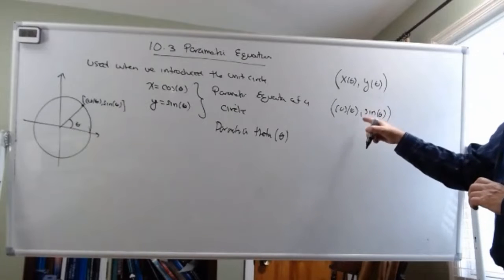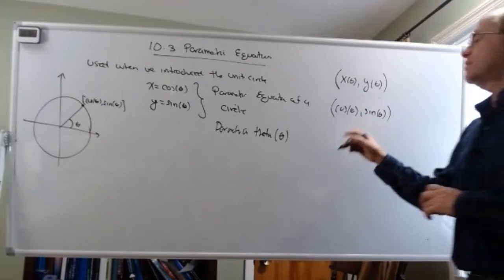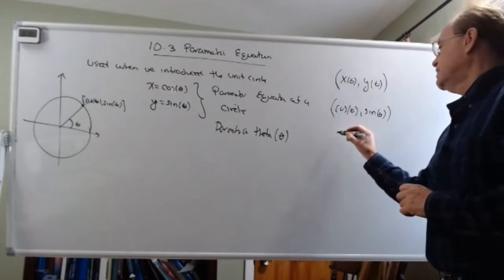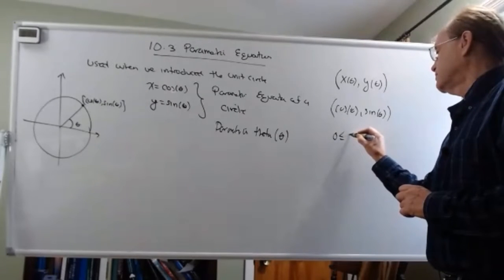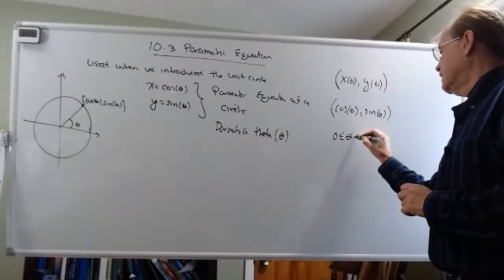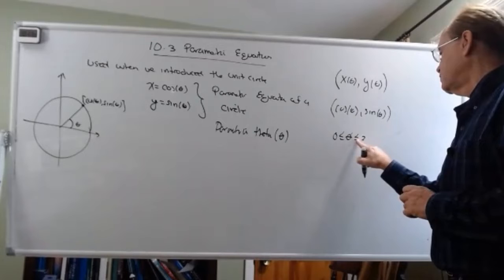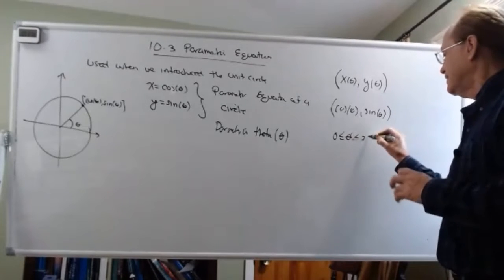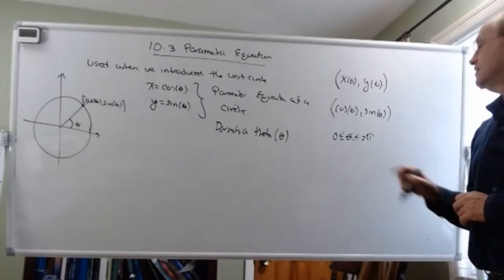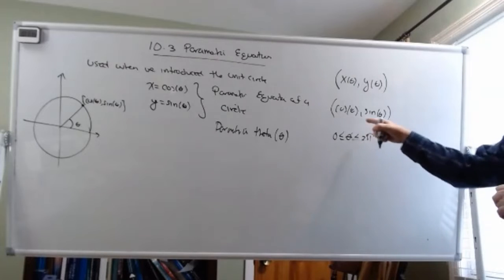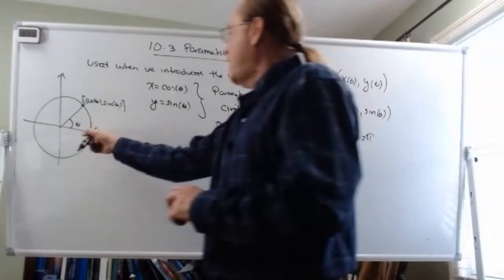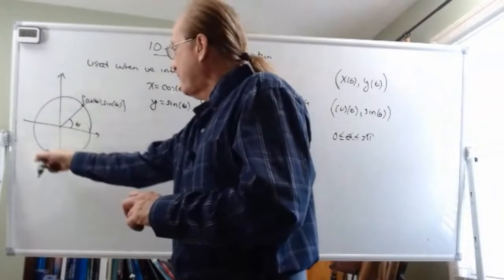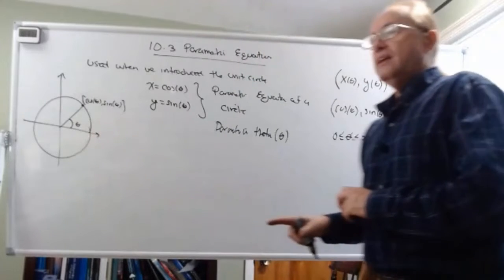And if I give some range for theta, let's say 0 less than or equal to theta less than 2 pi, or less than or equal to, but it just doesn't make it as unique, so I can let theta range from 0 to 2 pi. That will trace out that circle.